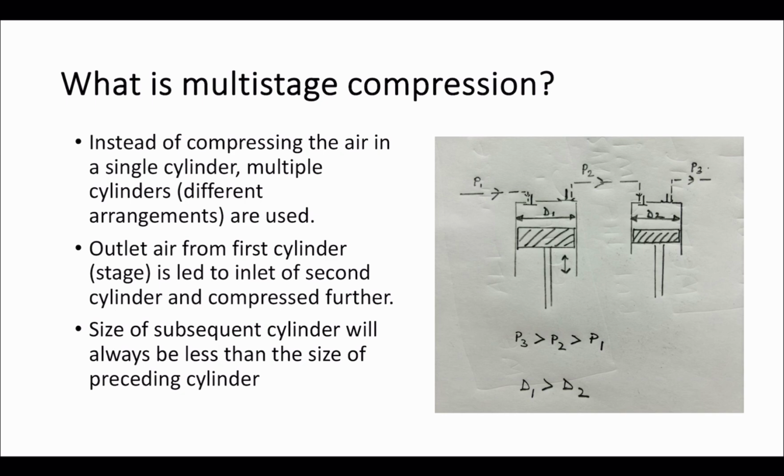In that case, the second cylinder, made with the inline or the tandem one, would always have a smaller dia, that is a smaller cross section, so that the air which enters after compression from the first unit into the second one is not allowed to re-expand that much and it can be further compressed, and then as we can see it is raised to the pressure P3. That is what we have mentioned here, that the size of the subsequent cylinder will always be less than the size of the preceding cylinder.